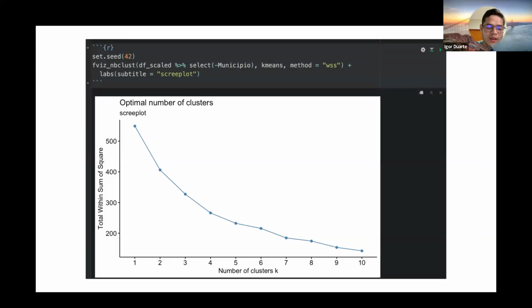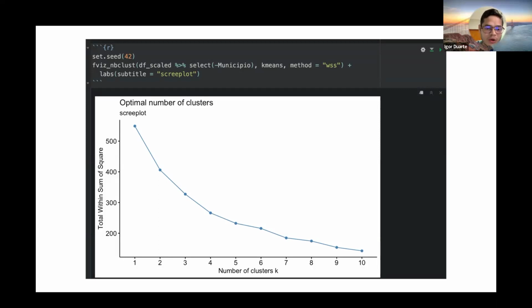This method calculates the sum of variance within each cluster and sums them for the whole clustering. The idea is to find a point where adding more clusters does not significantly reduce the variance within the clusters. This indicates the optimal number of clusters.